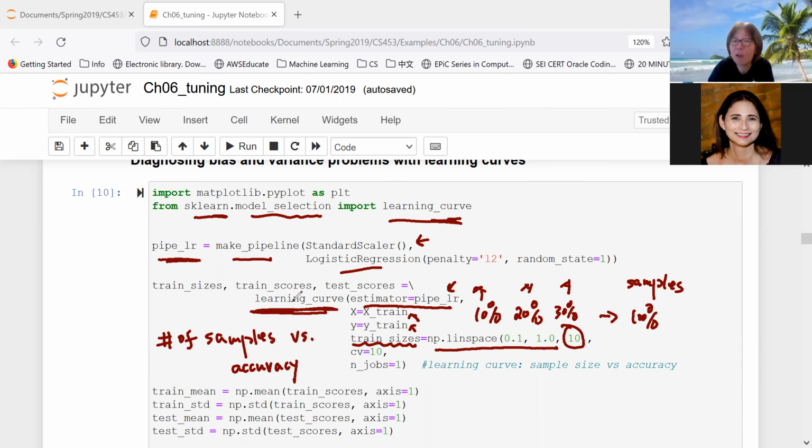So that's a learning curve. You can specify how you're going to split. And here we also have the cross-validation fold, which is 10-fold.